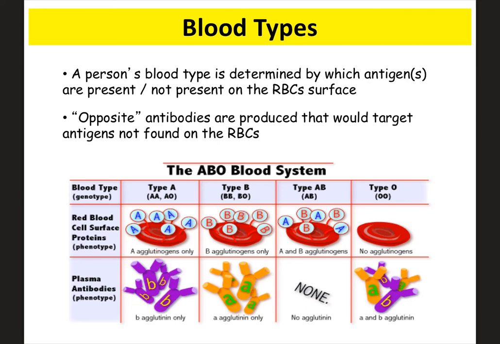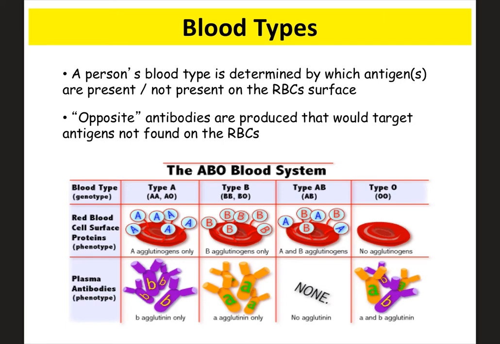Basically, you would not produce A antibodies because they would attack the A antigen, and you have A antigens all over your red blood cells. So it produces the opposite antibody. If you have type B blood, you would produce A antibodies. Those A antibodies are looking for any foreign antigens. A antigens are foreign to your body because you only have B antigens on your red blood cells.